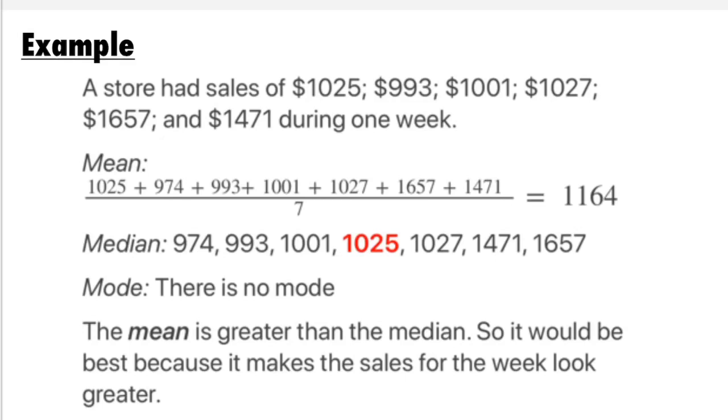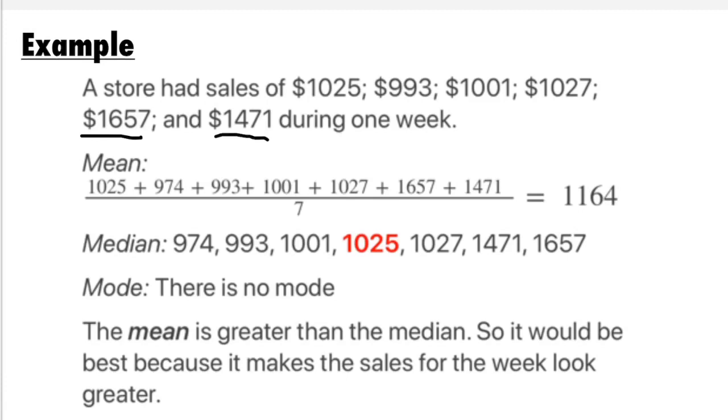As we all know, most people go shopping on the weekend, so they made a little bit more on Saturday and Sunday. So on Saturday, they made $1,657, and on Sunday, they made $1,471. So when looking at this data, we have to decide which would be the best measure of central tendency to use.